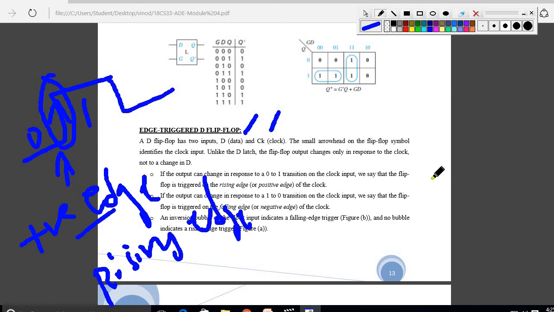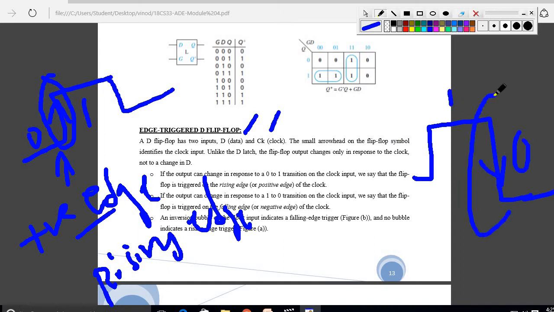When it is a transition from 1 to 0, I need to call it a falling edge or else a negative edge of the clock.